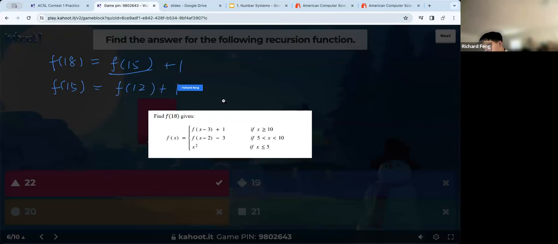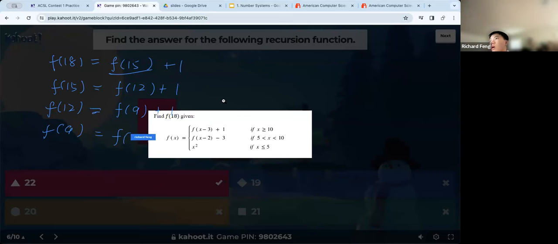We don't know f of 12, so we should find f of 12 first. And we're still using the first expression here until we get to f of 9. Since 9 is between 5 and 10, we should use the second expression.